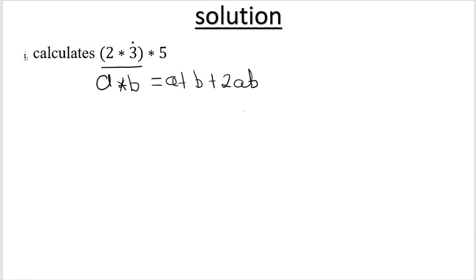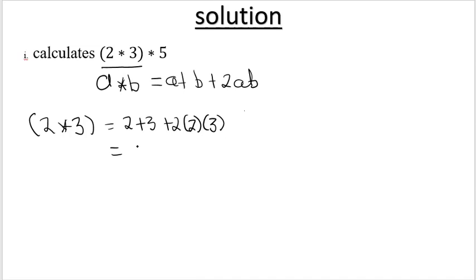So we try simplifying what we have here first. We have 2 star 3, and this will be equal to 2 plus 3 plus 2 multiplying A and B. Now 2 plus 3 will give us 5, plus 2 times 2 times 3, which will give us 12.